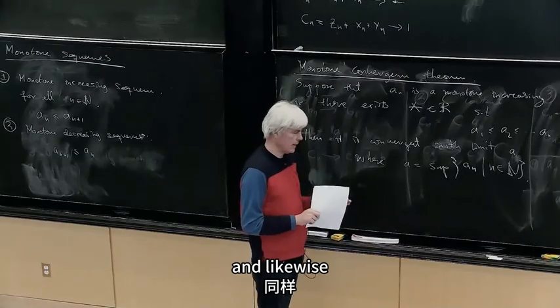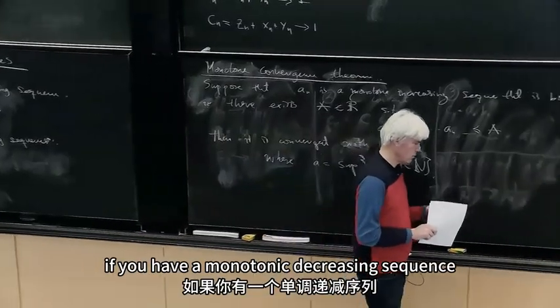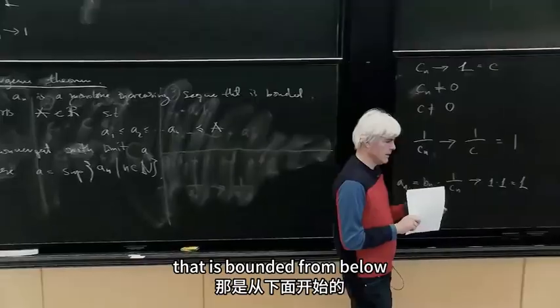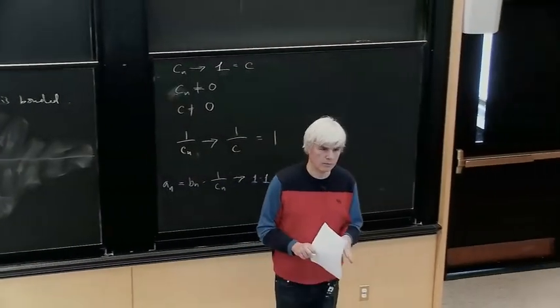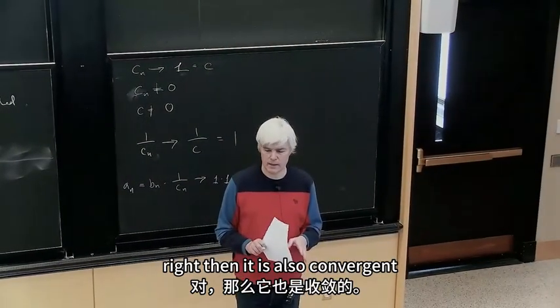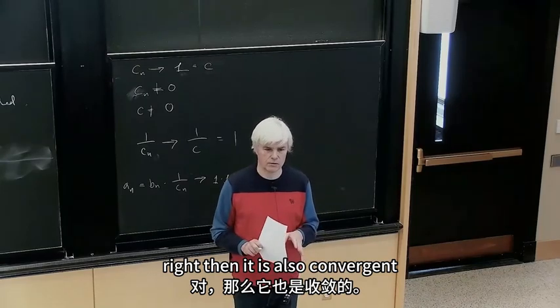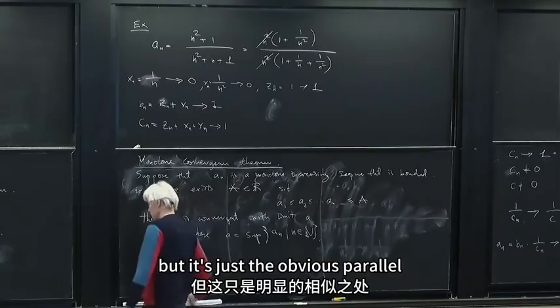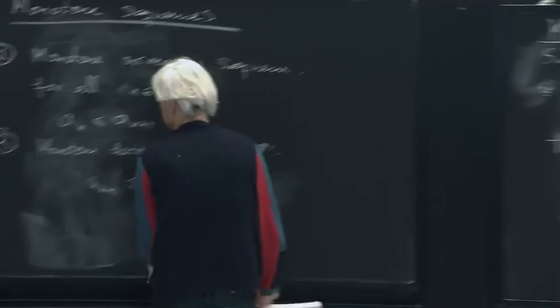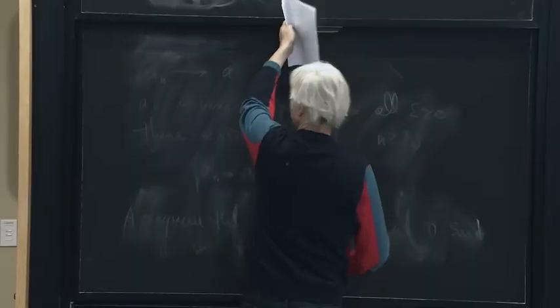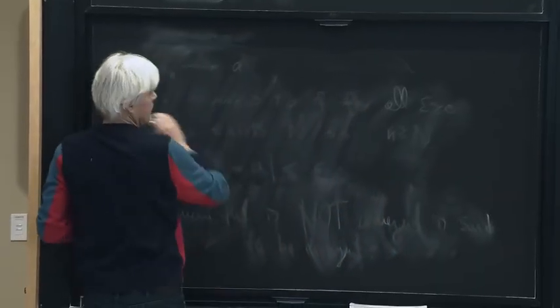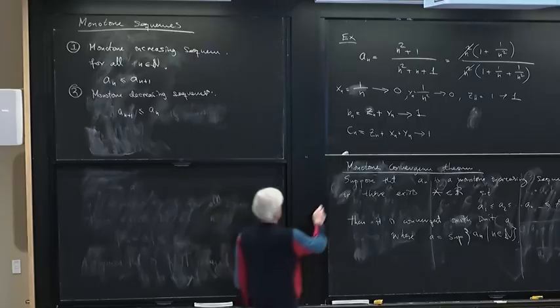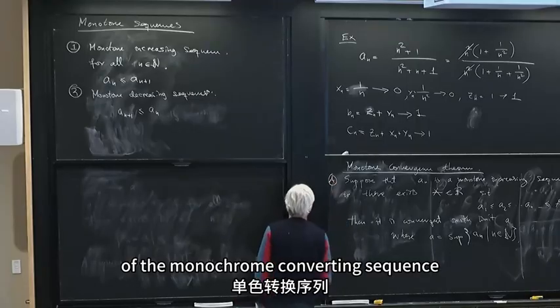And likewise, if you have a monotone decreasing sequence that is bounded from below, then it is also convergent. Maybe I will state it, but it's just the obvious parallel. So this is part one of the monotone convergence theorem.